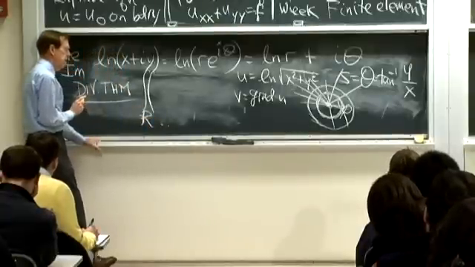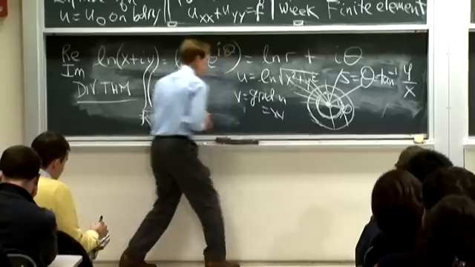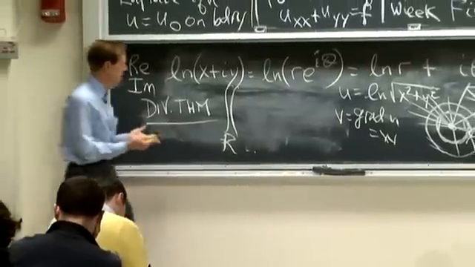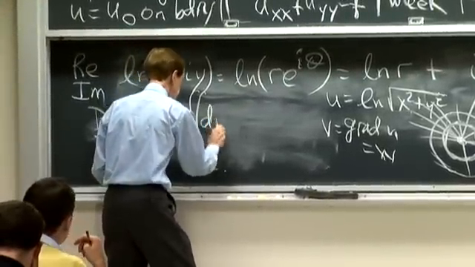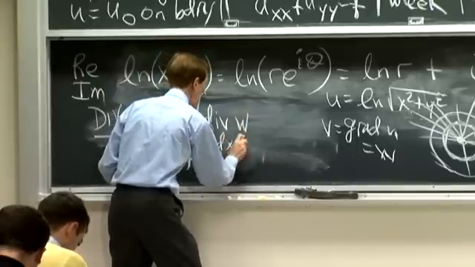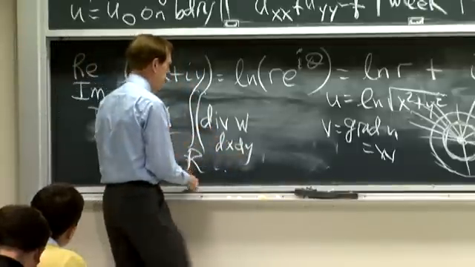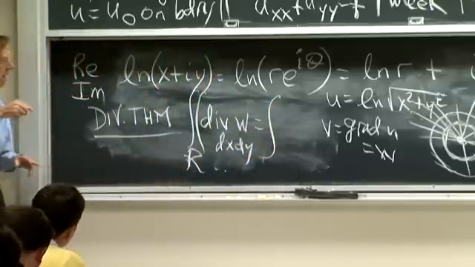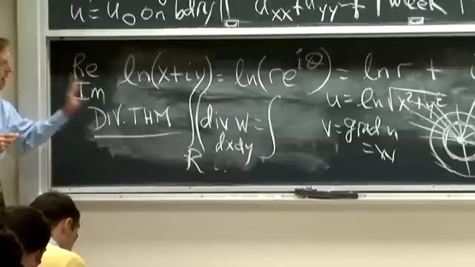So what's the deal? V is the same as w. What does the divergence theorem tell me? It tells me that if I integrate, what do I integrate? The divergence of w dx dy, or r dr d theta. Then I get the flux. This is a key identity.